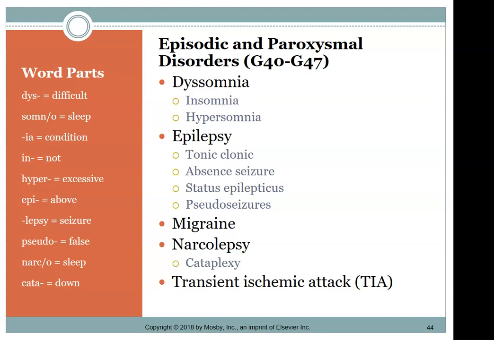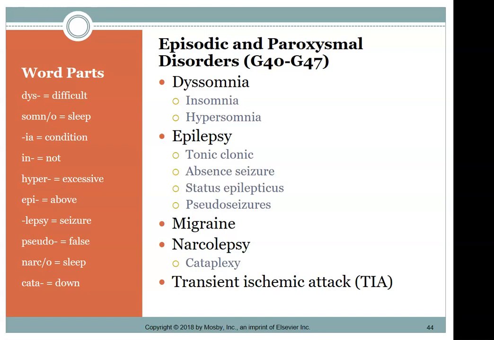The onset of a migraine may be preceded by an aura, which is a sensation of light or warmth. Migraines are further classified as intractable, difficult to treat, and with or without status migrainosus, which is lasting longer than 72 hours. Narcolepsy is a disorder characterized by sudden attacks of sleep.